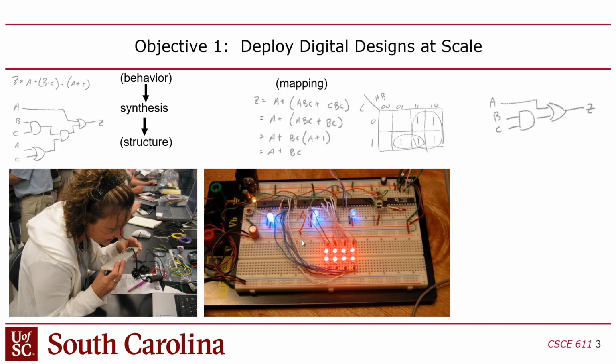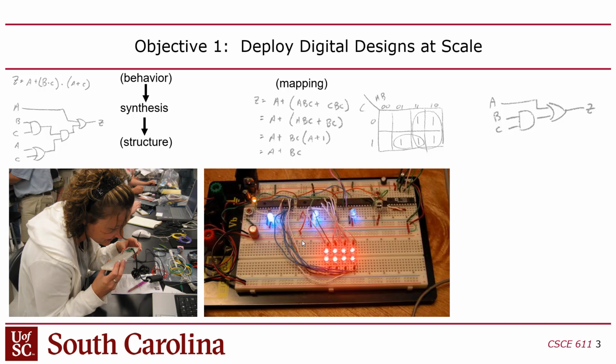Or maybe these gates have too many inputs, and the ones I physically have on my chip are smaller than this. So you're taking this and mapping it down into another equivalent representation or design. That's called mapping. So you're going to see this in the Quartus tools. They have synthesis and then they have mapping, right?